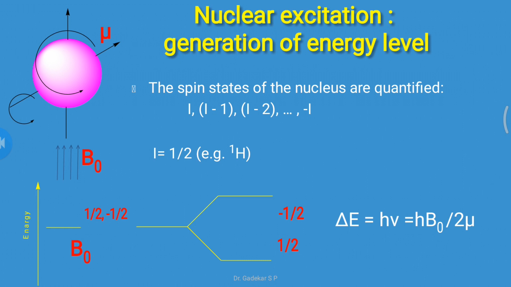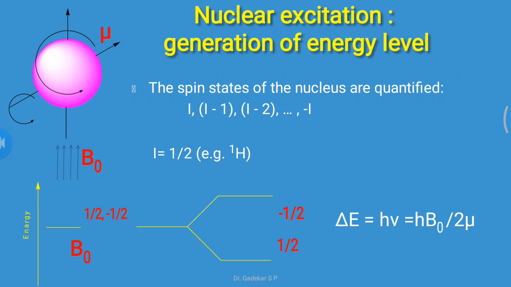So hydrogen is placed in an external magnetic field. B0 is the applied external magnetic field, and mu is the magnetic field generated by the nucleus itself. These nuclei move around and generate a magnetic field.